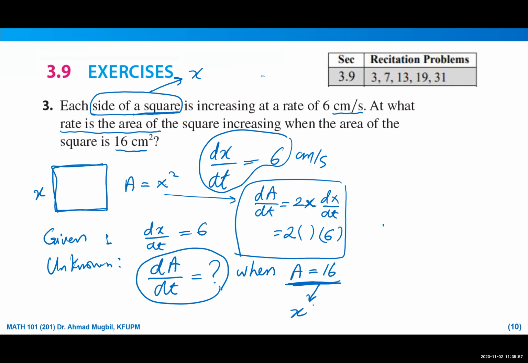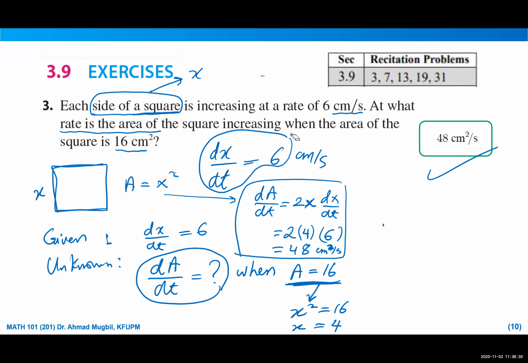This means that x squared equals 16 because A is x squared. So what is x? It's 4. We will not take negative 4 here, Shabab, because we are talking about the length of a side. So here it is 4. And it will be 2 times 4 times 6, which is 48. So it will be 48 centimeters squared per second, because this is area per second. The final answer is there and you can check.